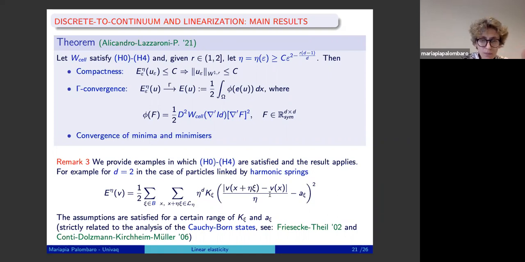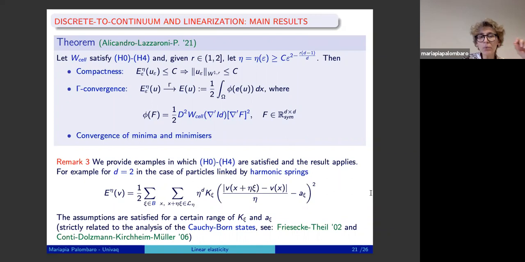So in this example, we have harmonic springs. This is a two-dimensional example where the atoms are linked by harmonic springs.